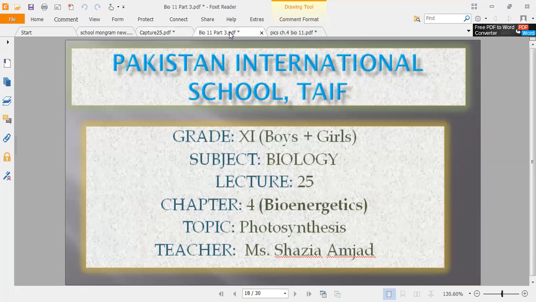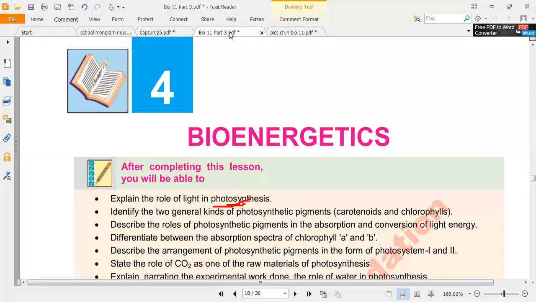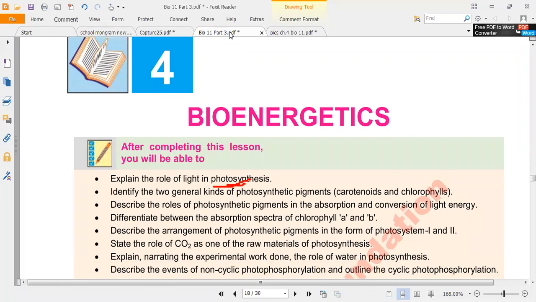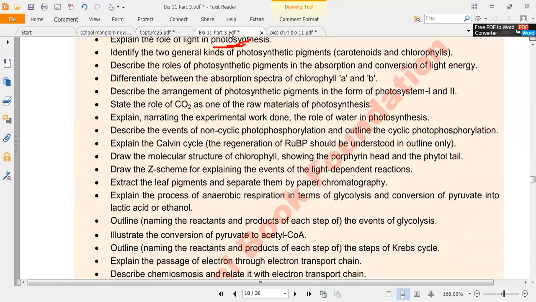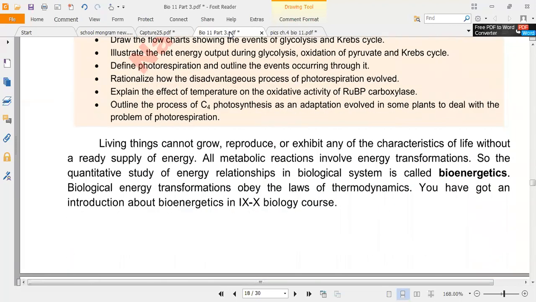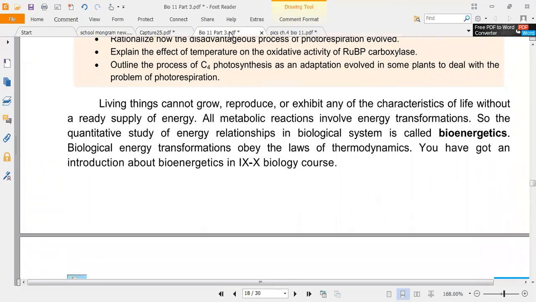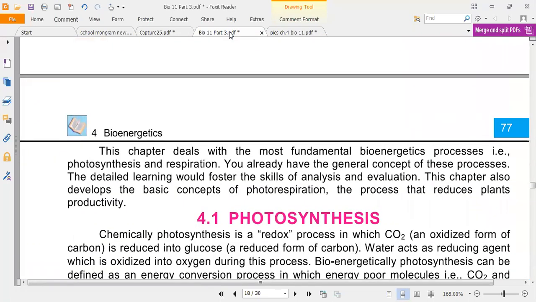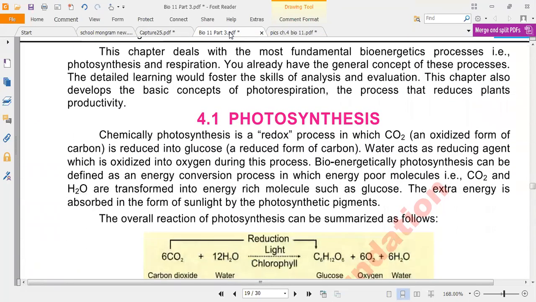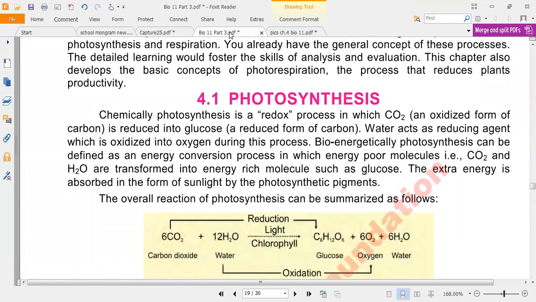So let's get started. This is chapter number 4 in your book, that is bioenergetics, and we will see photosynthesis and respiration. Dear students, you know that bioenergetics is the quantitative study of energy relationships in biological systems and in living organisms.